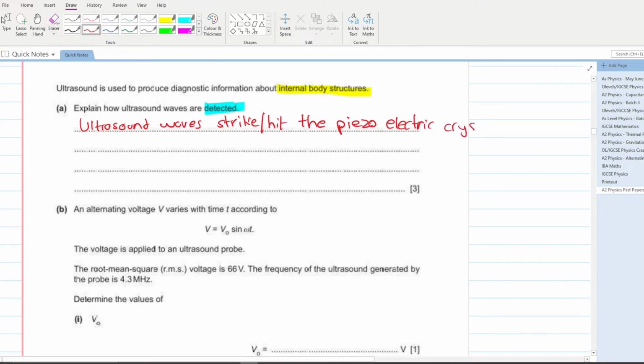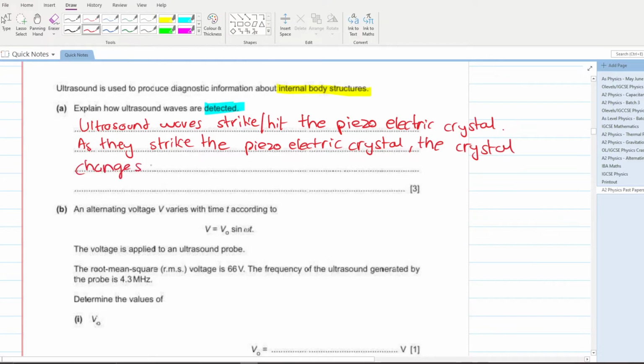As they strike the piezoelectric crystal, the crystal changes its shape, producing EMF.